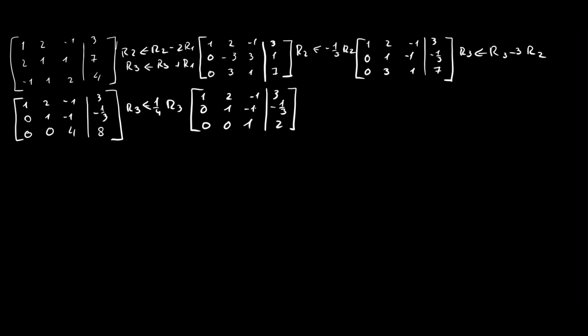For that, we have to get zeros above the pivot number. So in column 3, we have to get rid of these two numbers, and in column 2, I have to get rid of this number. Okay, first we're gonna focus on column 3.